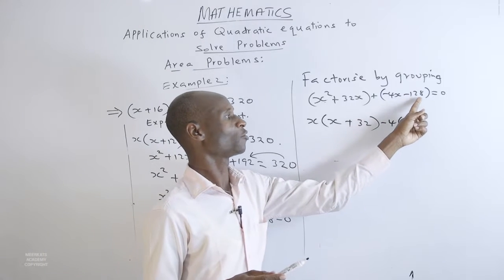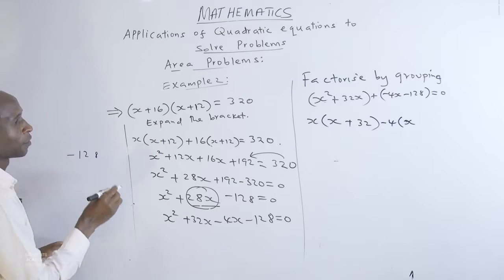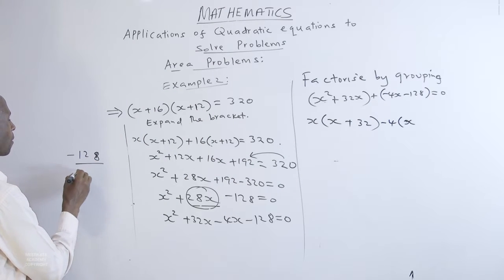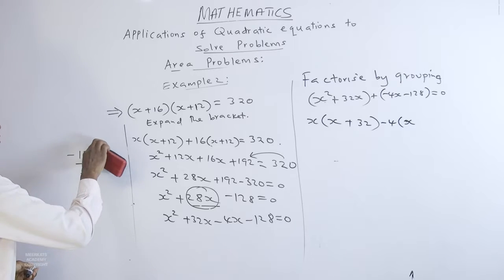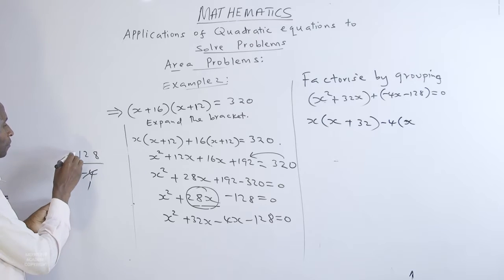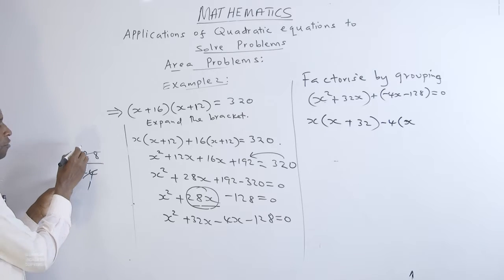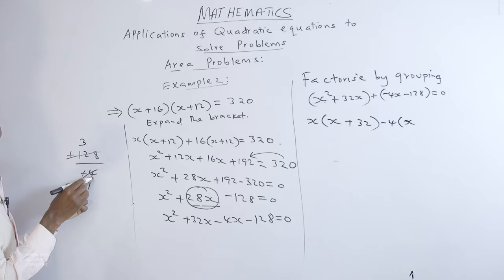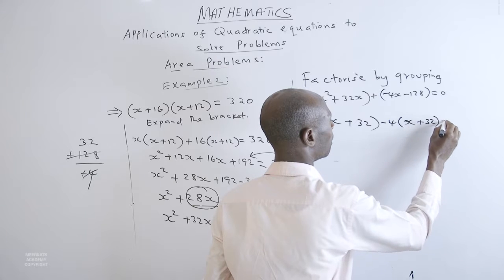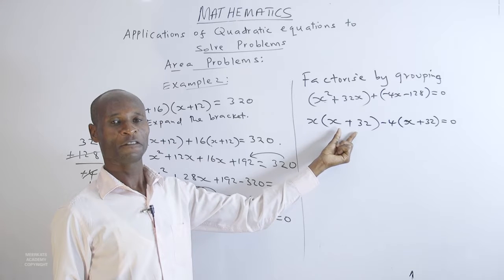Then next, we take negative 128 divided by negative 4. So negative cancels. 12 divided by 4 is 3, 8 divided by 4 is 2. So we have positive 32 is equal to 0.